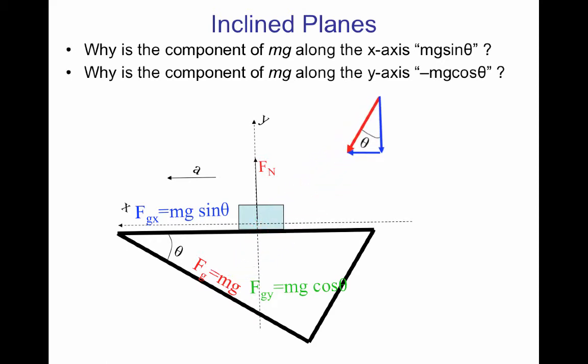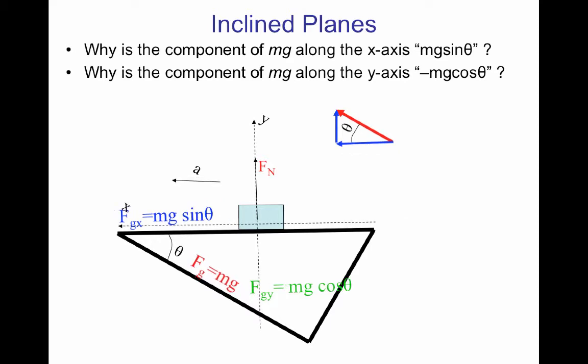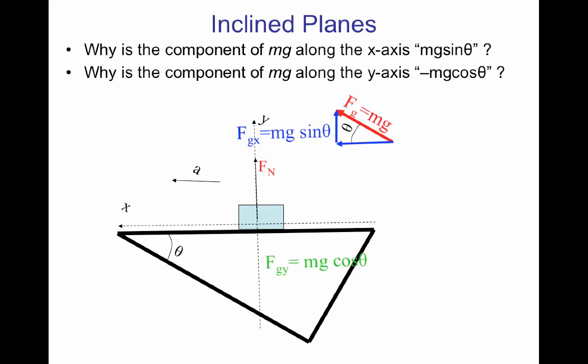So take our right angle triangle, and now let's fill in all of the pieces of the right angle triangle. Hypotenuse is gravity, which is just m times g. We're saying this is our x component, which is mg sine theta, and we're saying this is the y component, which is mg cos theta.